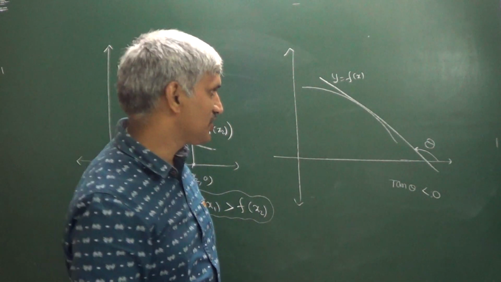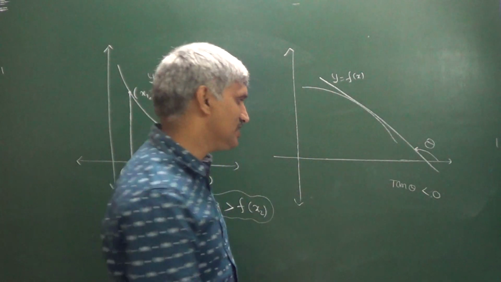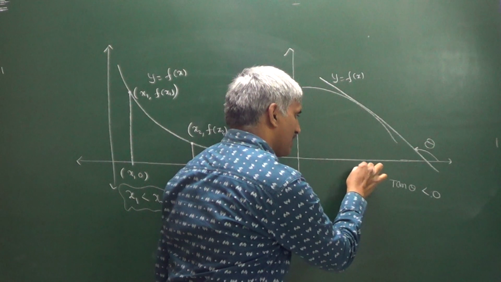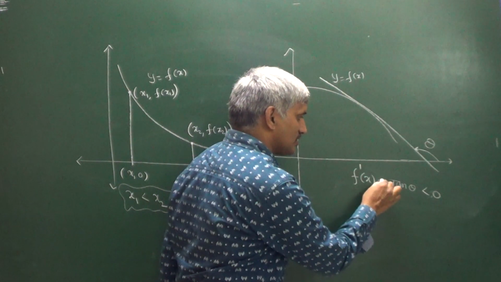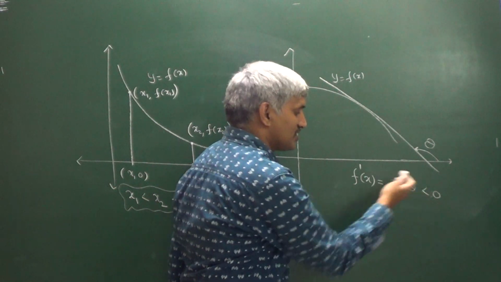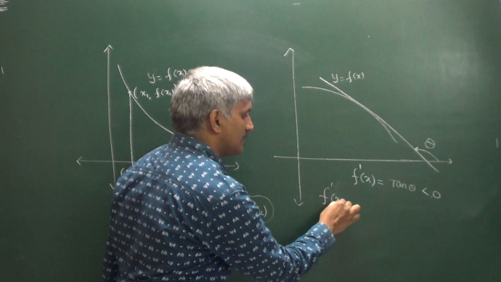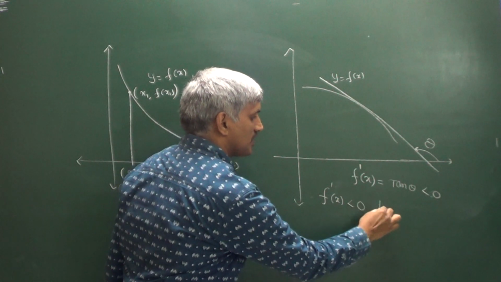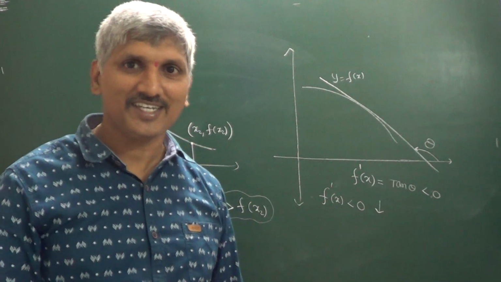Tan theta is nothing but the slope of the tangent. Slope of the tangent is nothing but f dash of x. Right? f dash of x is equal to tan theta, that is less than 0. So f dash of x less than 0, then the function is said to be a strictly decreasing function, right?